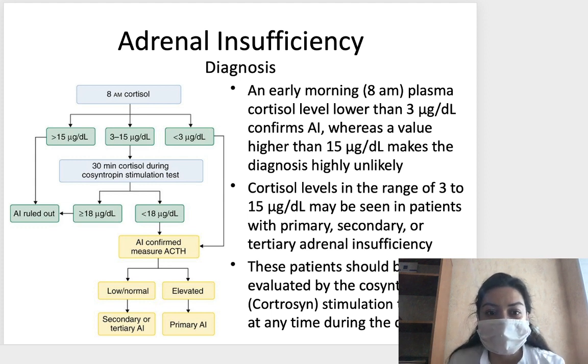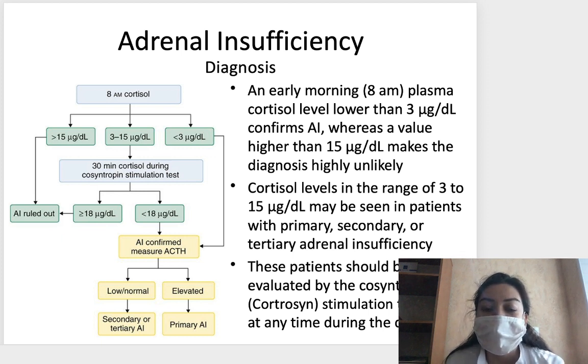For the first step, we check an early morning, 8 a.m., plasma cortisol level. When it is lower than 3 micrograms per deciliter, it confirms adrenal insufficiency, whereas a value higher than 15 makes the diagnosis highly unlikely.